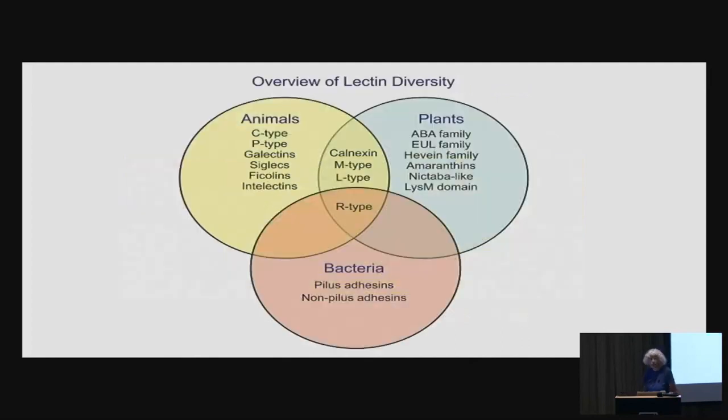And so this is just an overview of the lectin diversity. If we look in animals, plants, and bacteria, we see that plants have a lot of different lectins which are not found in animals, and you can hear more about those if you go to Else Van Dam's talk on Sunday when she gets an award.